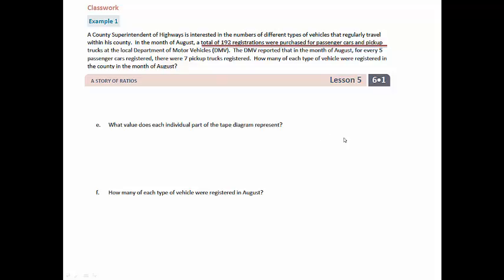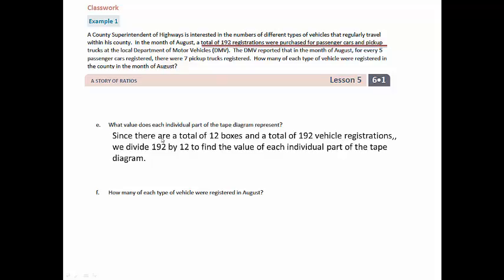If we look, there are a total of 12 boxes and a total of 192 vehicle registrations. We're going to divide 192 by 12 to find the value of each individual part of the tape diagram. 192 divided by 12 is 16. This means each box represents 16 vehicles.